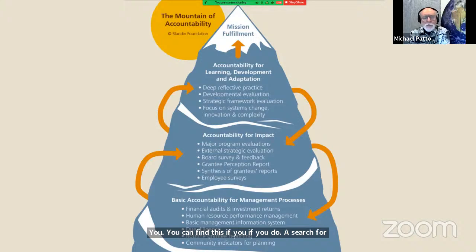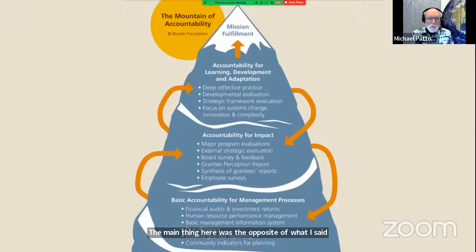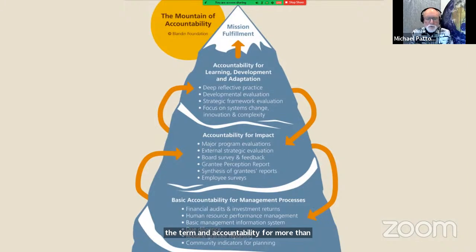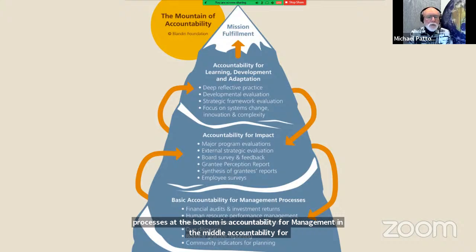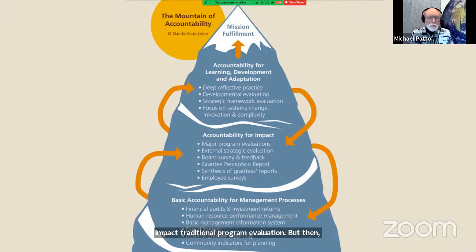The main thing here was the opposite of what I said about decolonizing and abandoning the word accountability. What the Blandin Foundation decided to do was to embrace the term accountability for more than simply external accountability, and to treat their monitoring processes at the bottom as accountability for management, in the middle, accountability for impact, traditional program evaluation, but then to include the language of accountability for learning, developmental evaluation, adaptation, and strategy.